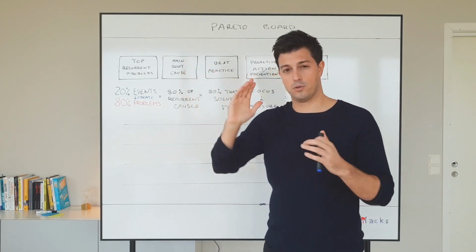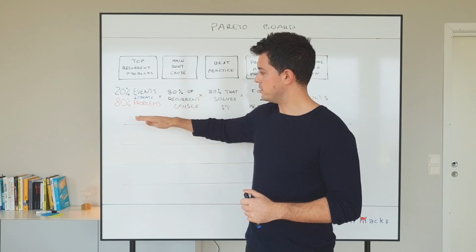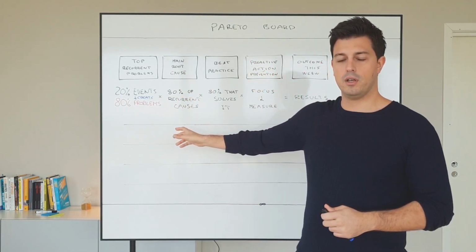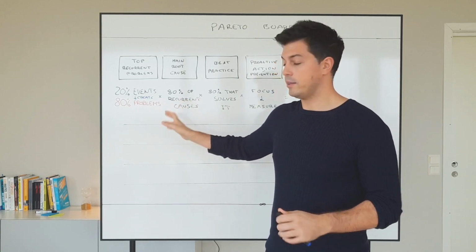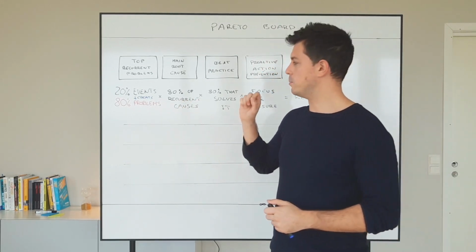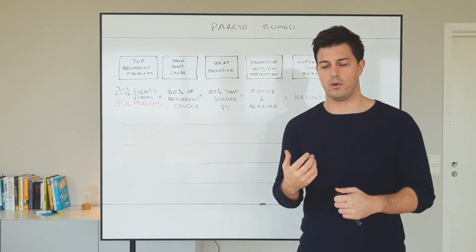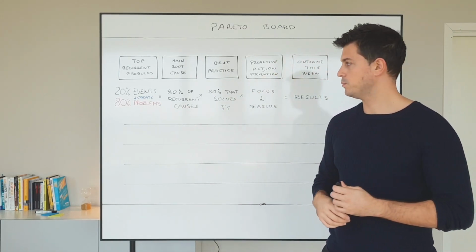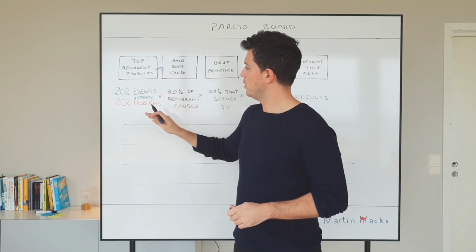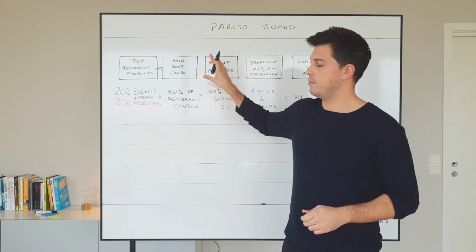So what I suggest is that you list those top recurrent problems on a top 5 list here. It could be whatever, but please use data to ensure that these are the problems we have on a daily or recurrent basis.